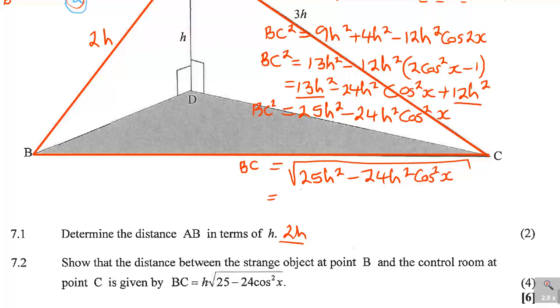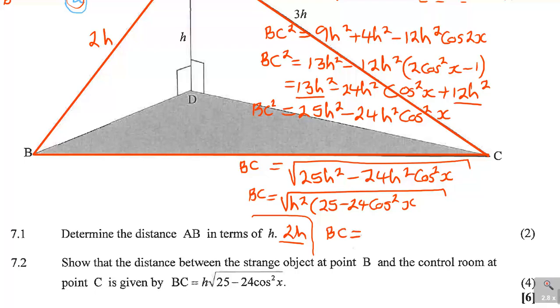I can factorize h squared, so it will be the square root of h squared times the square root of 25 minus 24 cos squared x.